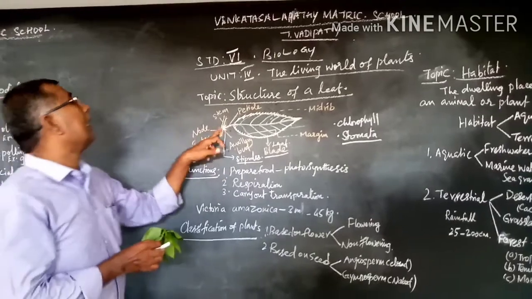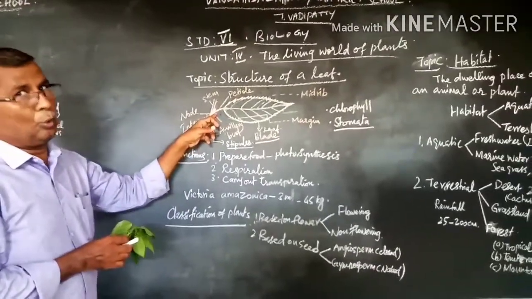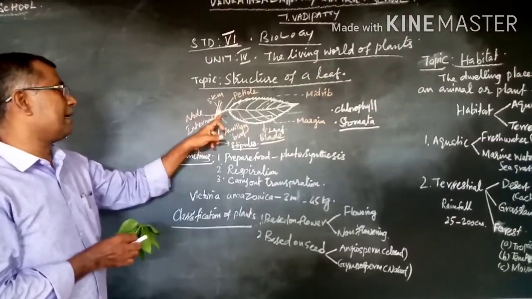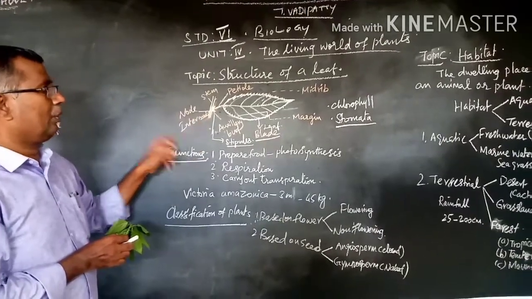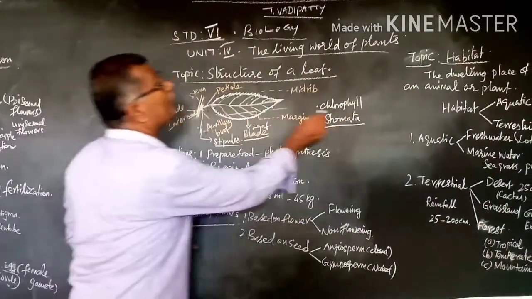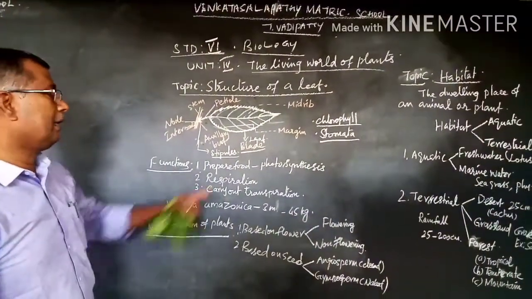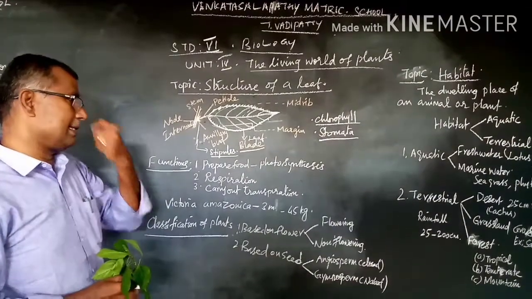Where the leaf originates, that portion we call the node. We have already seen this in the shoot system. Between two nodes is called the internode. The leaf is fully covered with chlorophyll pigment, which is involved in photosynthesis.